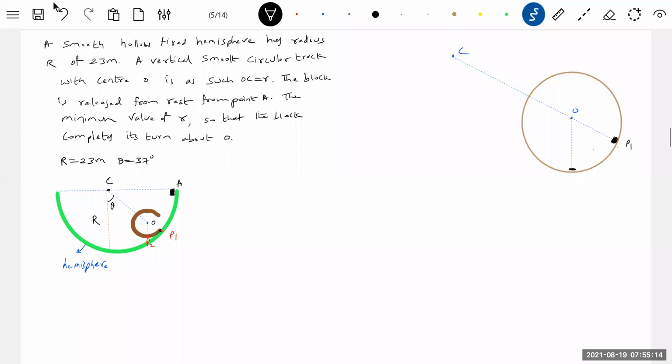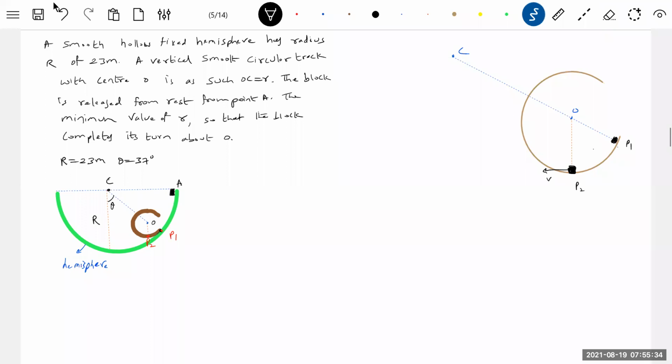At point P1, how much velocity should it have to complete this track? Now come to this. Here there's a point P2. What velocity must it have?